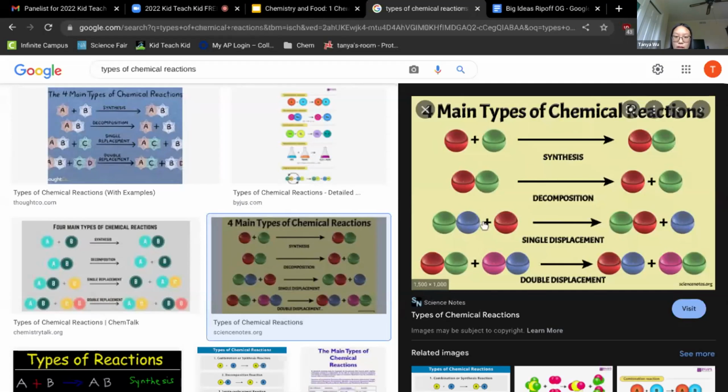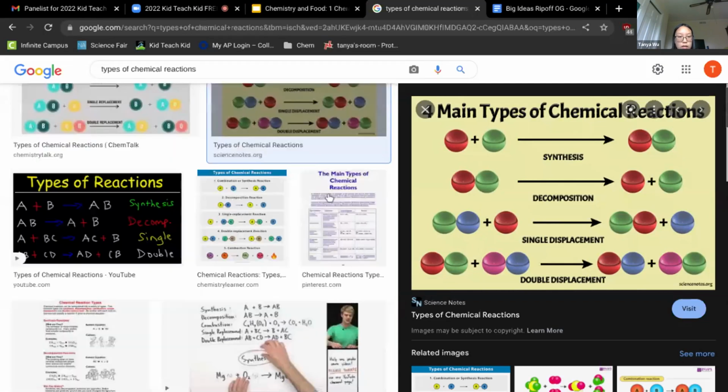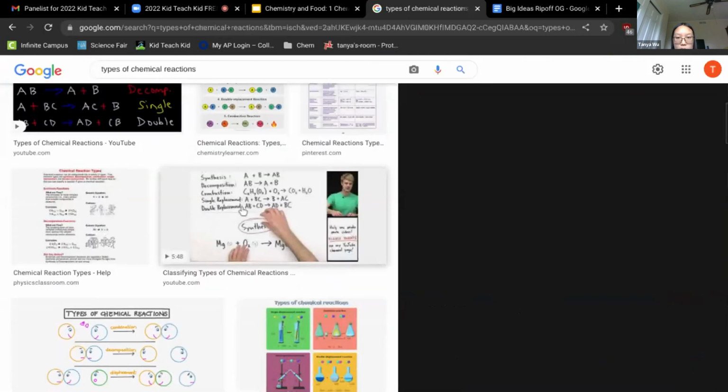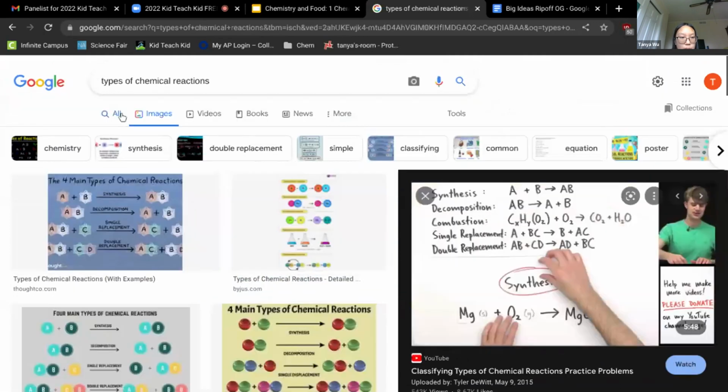Single displacement, it's like one of them switches. They're usually ionic compounds, so they break apart and then they switch. And double replacement is the same except both of them switch. And that can be pretty hard to understand without knowing any examples. So I'm going to find some examples.